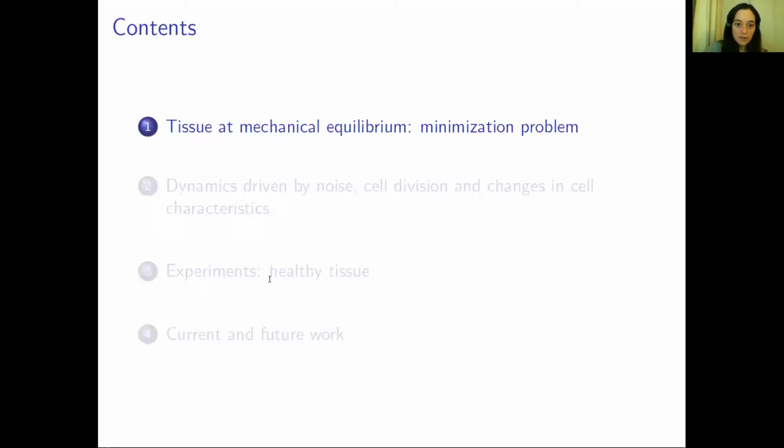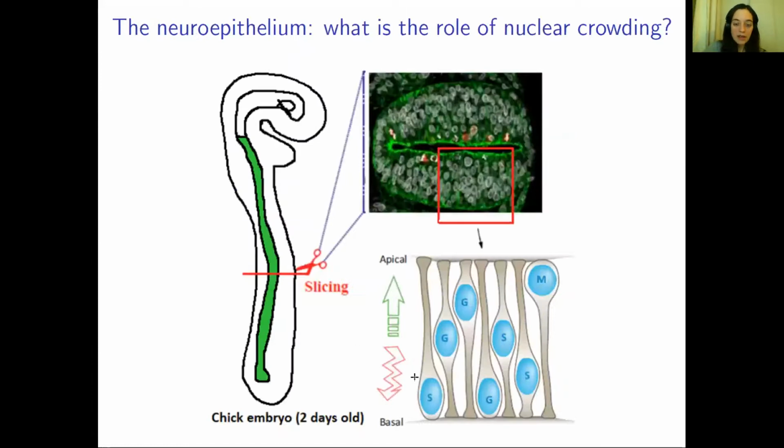Okay, so I have here the chick embryo. As Eric mentioned, this is the biological model that they use in the lab, and a cross section of the neuroepithelium is represented here, with the basal membrane and the apical network in the middle.